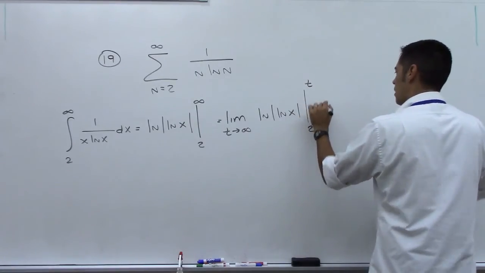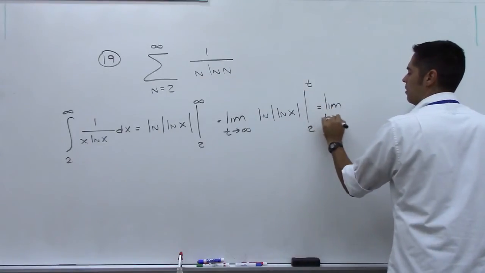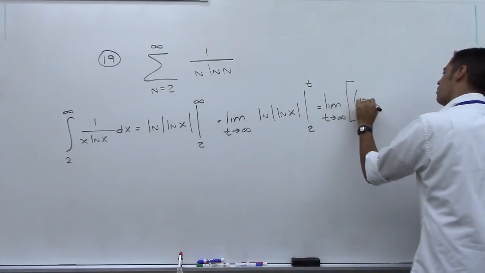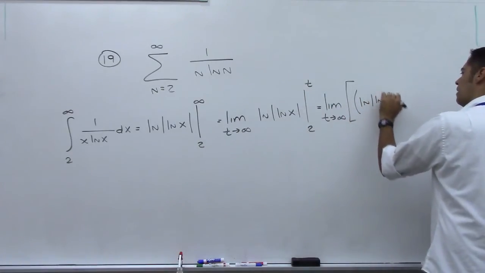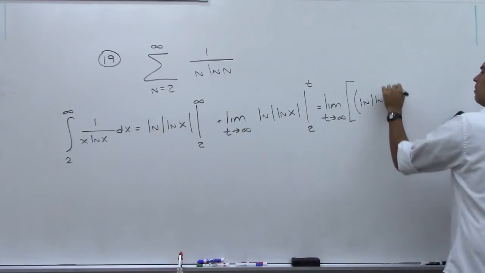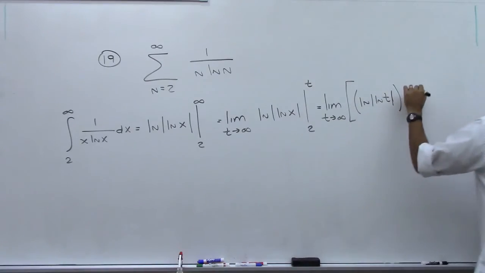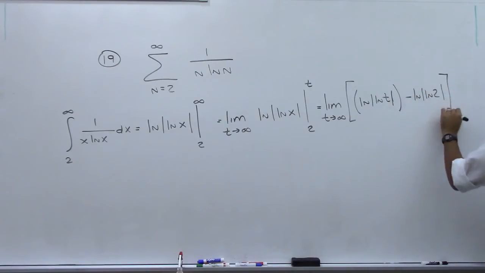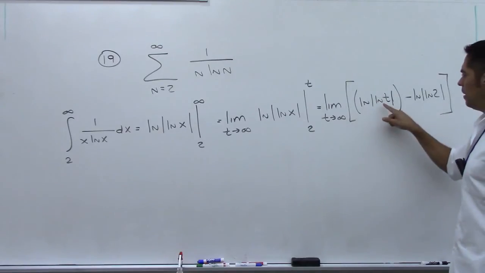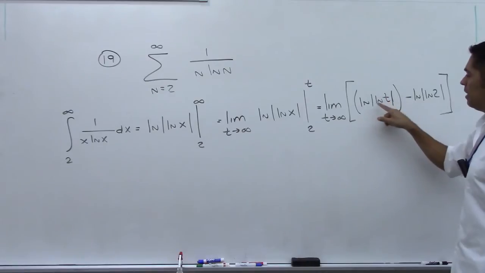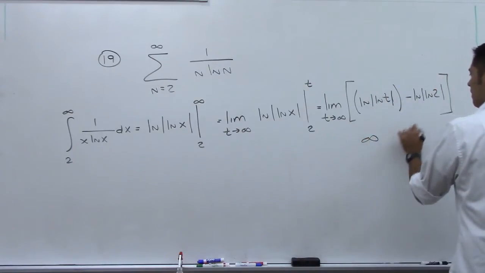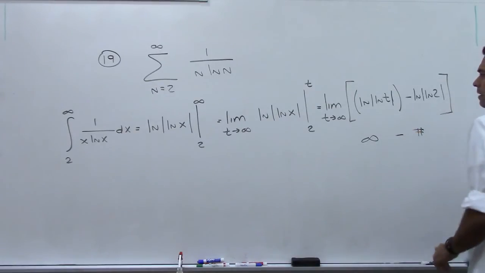When I plug in t, I get natural log of natural log of t, minus, when I plug in 2, natural log of natural log of 2. Now let t go to infinity. As t goes to infinity, we get natural log of infinity, which is infinity, natural log of infinity again, which is infinity. So this is becoming infinite minus a number, which doesn't matter.